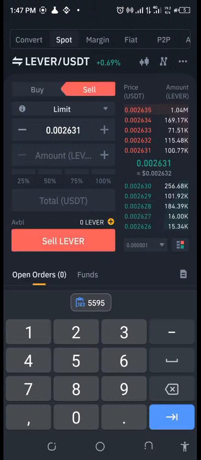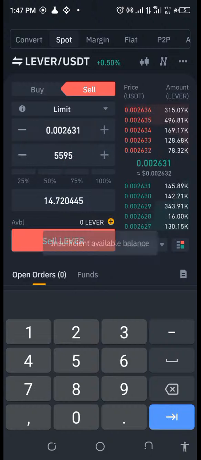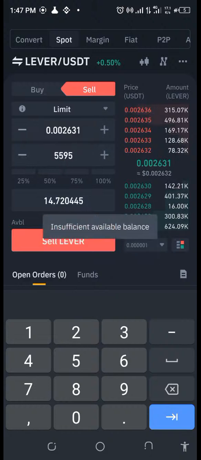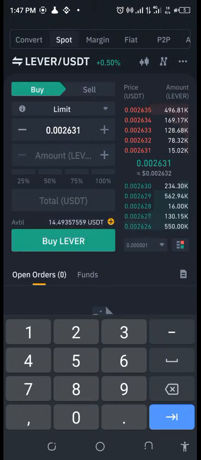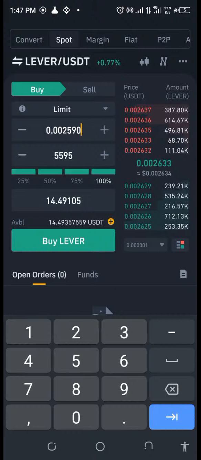Okay, we make some profit. We could do it lower than that, but we're just looking for something that's not too much at the bottom and not too much at the top. So I'm just going to do 100% of that, and I'll click on buy.